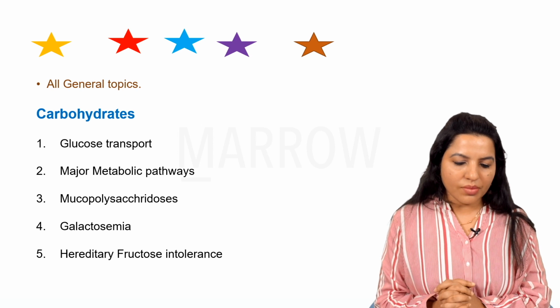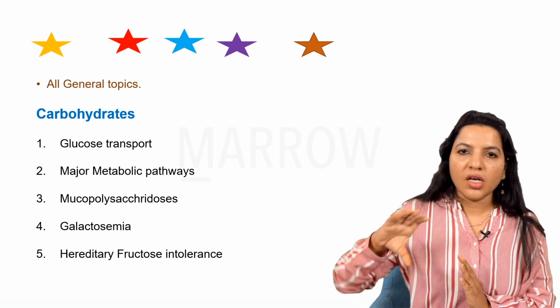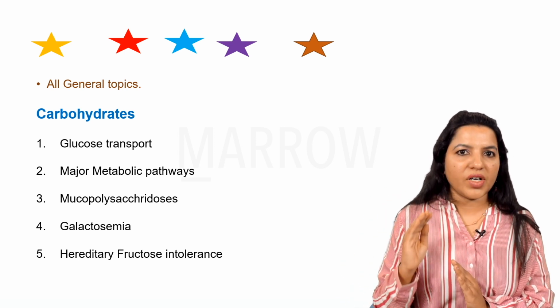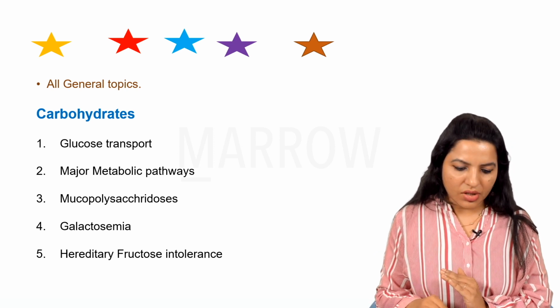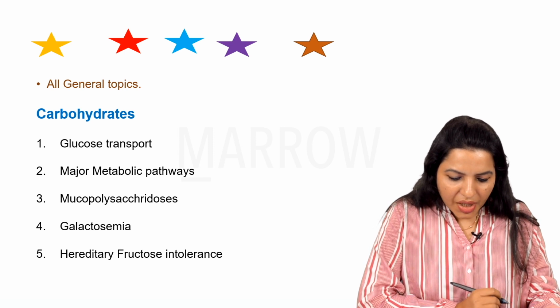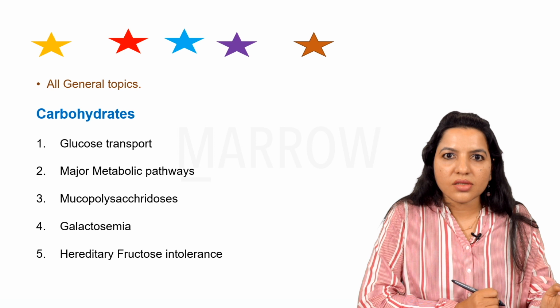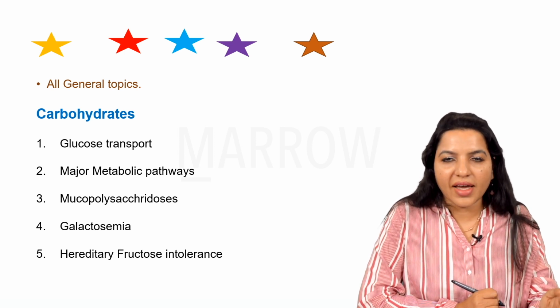So 5-star topics: all general topics which I have given in the first session are 5-star topics. Then carbohydrates. In the carbohydrates the 5-star topics are glucose transporters and major metabolic pathways. Major metabolic pathways means glycolysis, gluconeogenesis, glycogen synthesis and the link reaction.